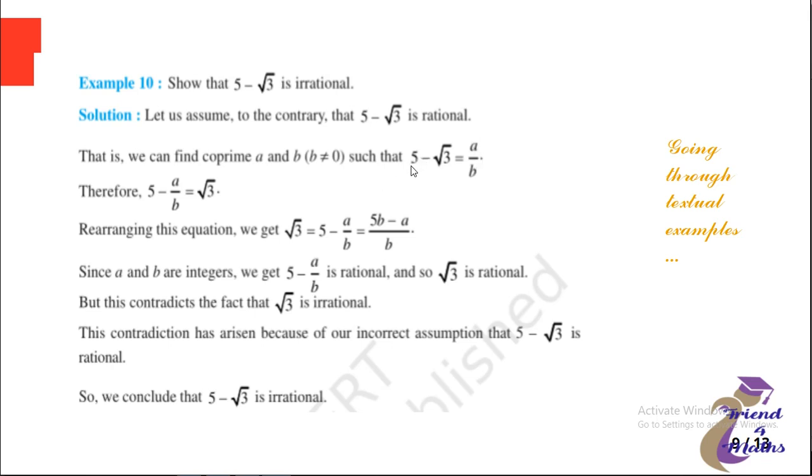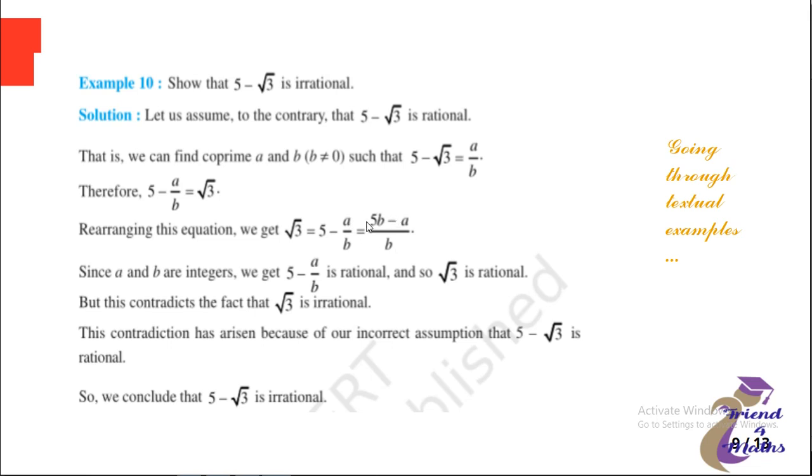Okay, and now 5 minus root 3 is equal to a by b, and taking this root 3 here, we get 5 minus a by b equal to root 3. That is, when cross multiplying this, we get (5b minus a) by b.